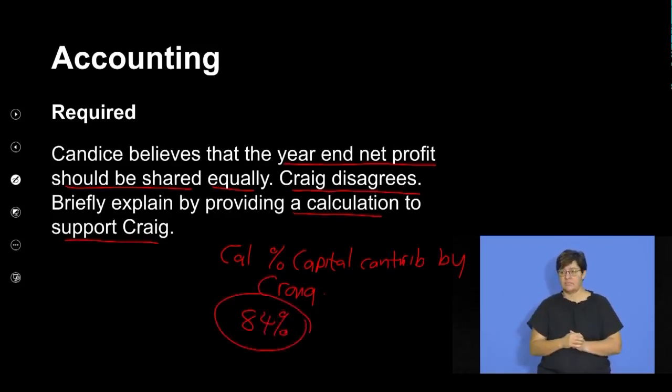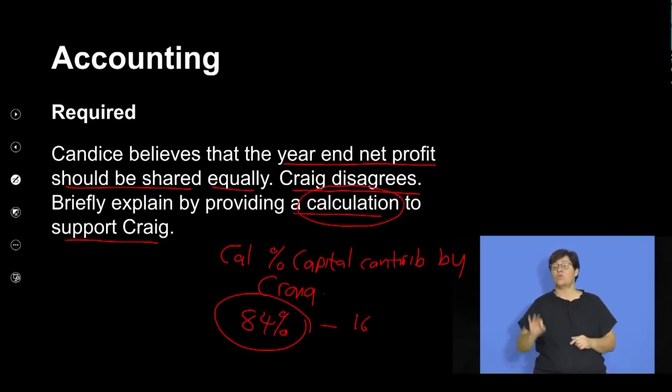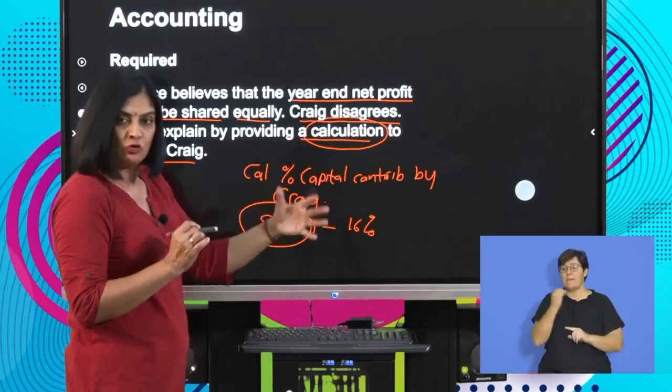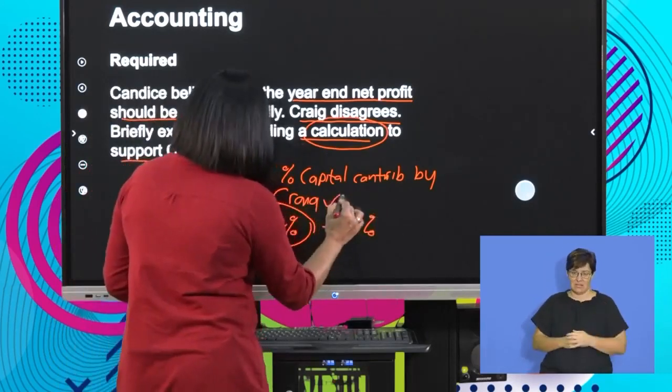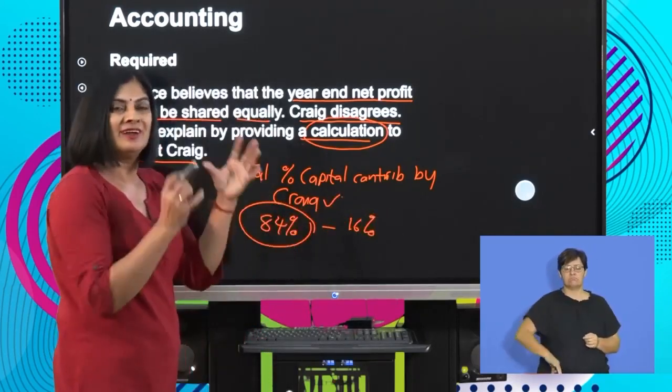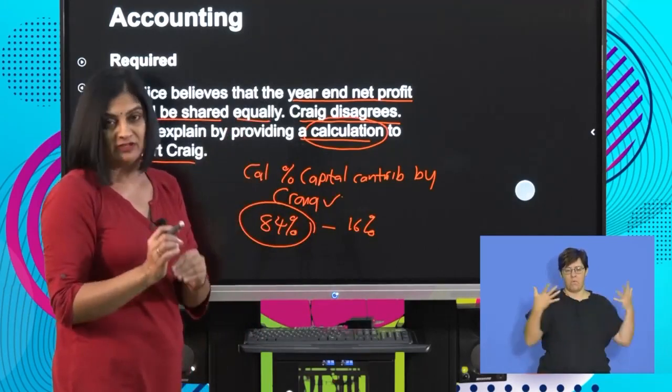So you've answered the question by giving them the calculation that they are requiring. And Candace, on the other hand, has contributed 16%, and based on your calculation and your findings, you are supporting Craig. Craig deserves a greater chunk of that net profit.